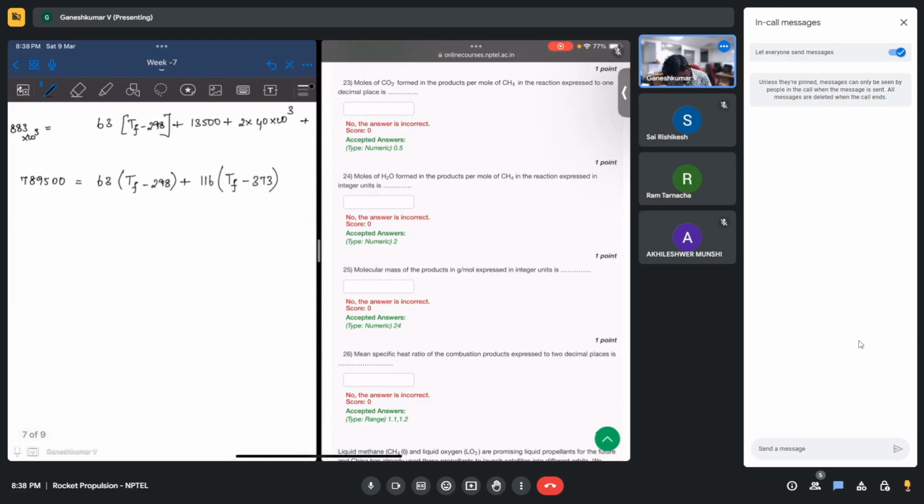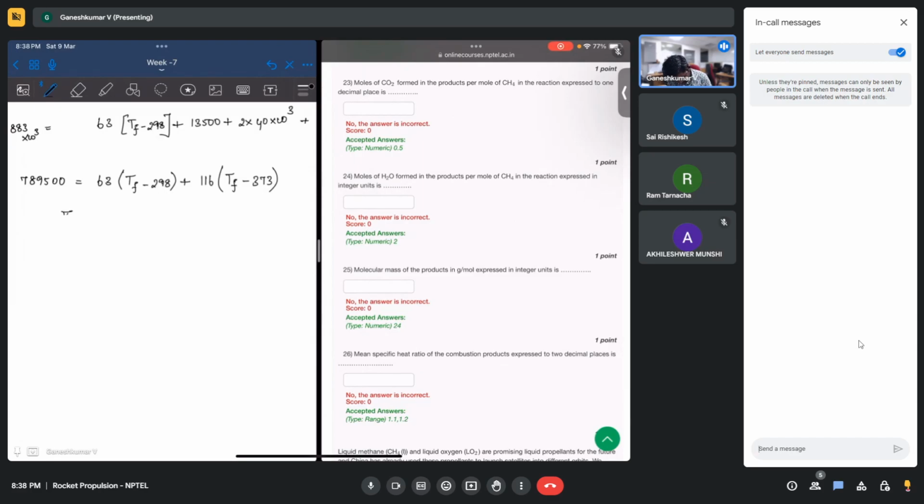So 789500 plus 63 into 298 plus 116 into 373, divided by 63 plus 116.